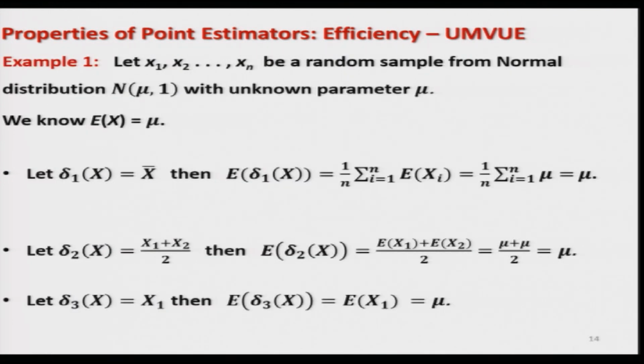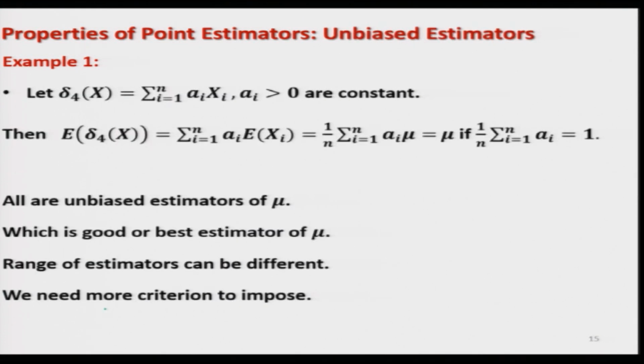Now, let me take one simple example to explain these concepts. Suppose we have a random sample from the normal distribution whose mean is mu and whose variance is known to be 1. Now we know that the expected value of x is mu, and we already discussed in the earlier lecture four possible estimators, delta 1 x, delta 2 x, delta 3 x and delta 4 x.